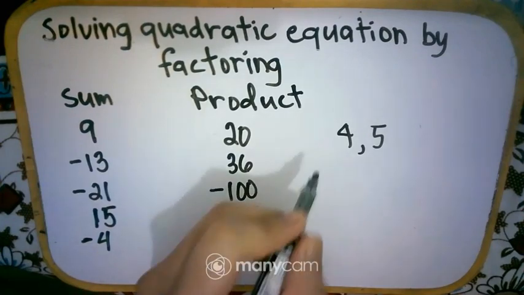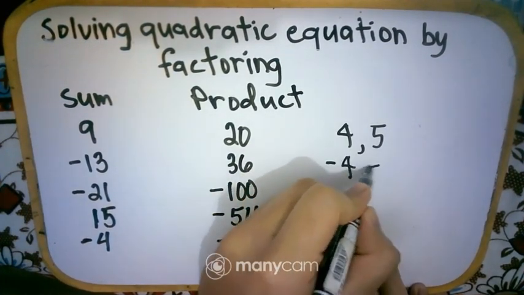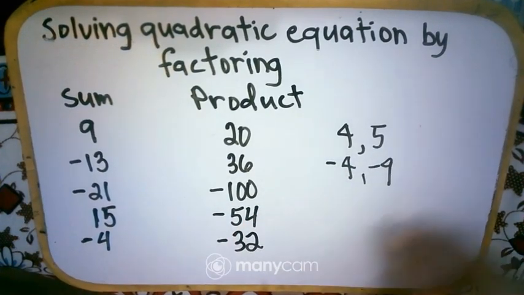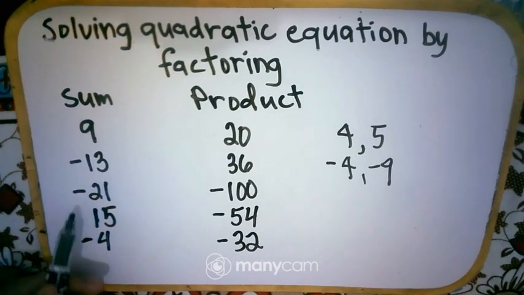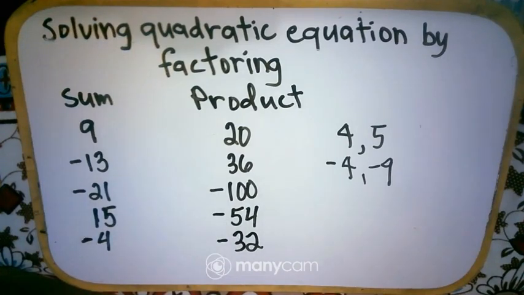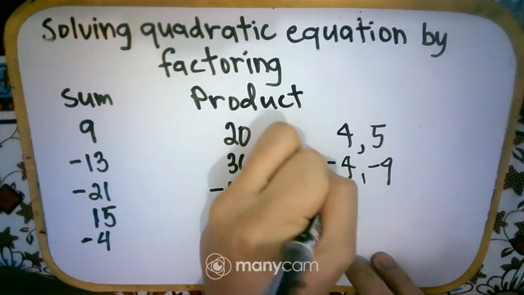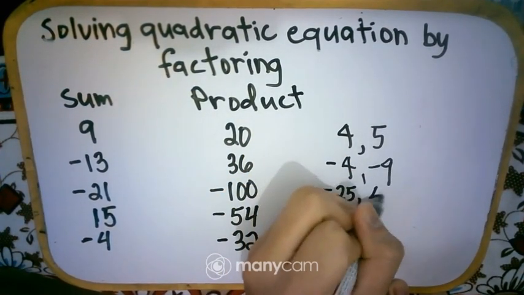The answer here is negative 4 and negative 9. So next is negative 21 for the sum and then negative 100 for the product. So the answer here is negative 25 and positive 4.